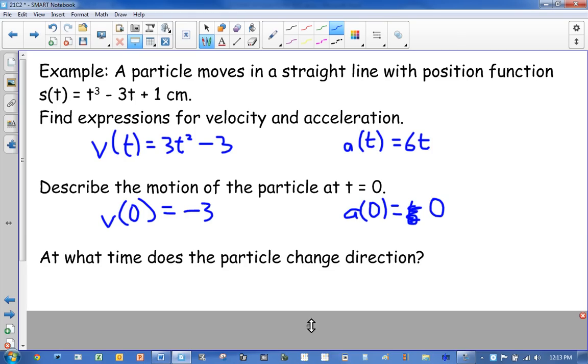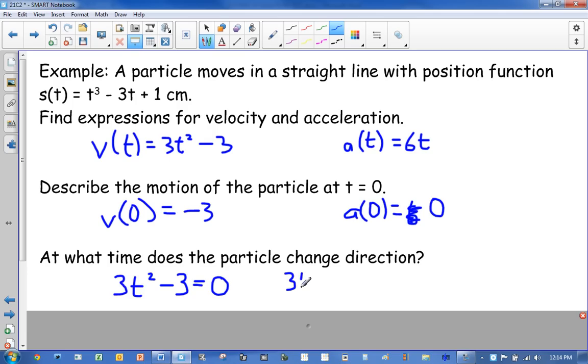At what time does the particle change direction? And we talked about that as being the time when the particle is momentarily at rest. That means the time when the velocity changes from being positive to negative or negative to positive. It's that time when the velocity is 0, just for an instant.